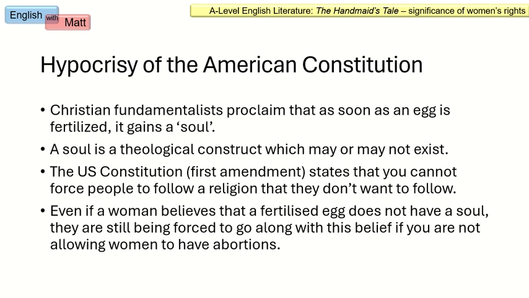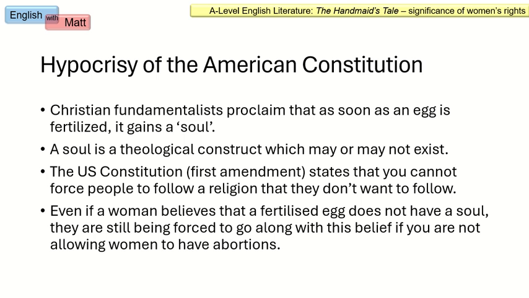So there's a hypocrisy here, because if you are repealing Roe versus Wade and effectively forcing women to have children, effectively what you're doing is you're assuming that they're going to go along with the belief that they follow that particular religion. So even if a woman believes that a fertilized egg does not have a soul, they are still being forced to go along with this belief, even if they are not religious, or even if they do not believe in a soul.